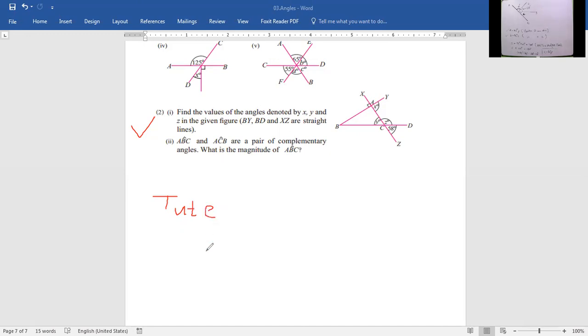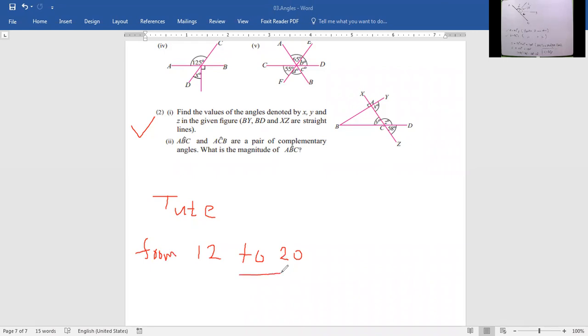In the tube, you have to do from 12 to 20. Questions 12 to 20.